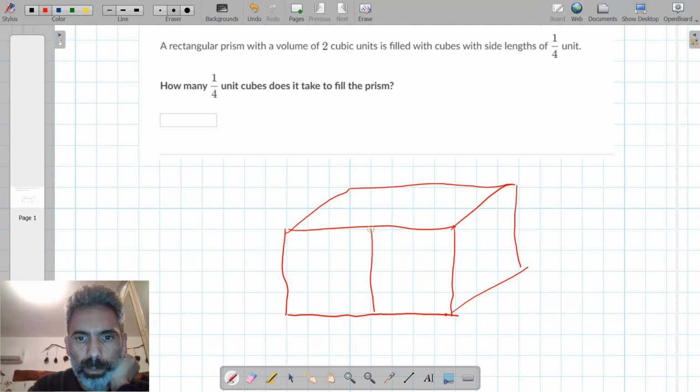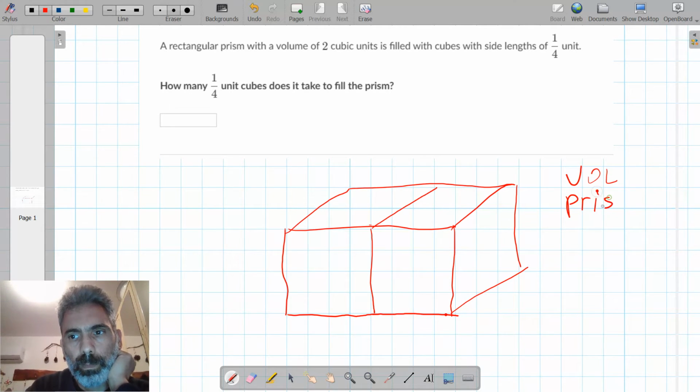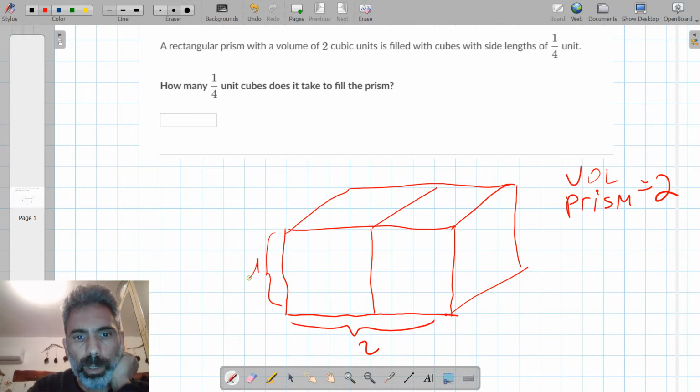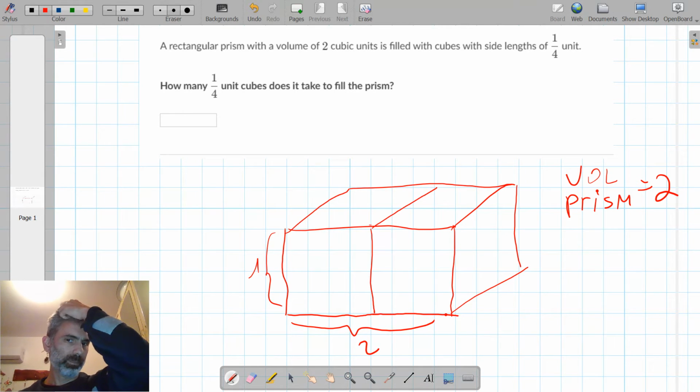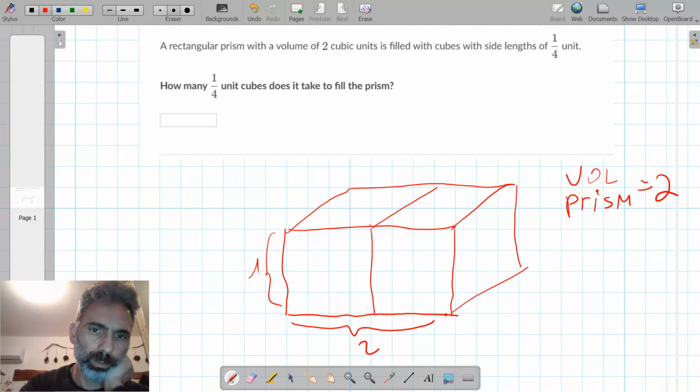And the volume of the entire prism is 2 cubic units. Okay, so the volume of this prism is equal to 2. So let's say this is 2 and this is 1. 1 times 2 times 1. Yes, okay.